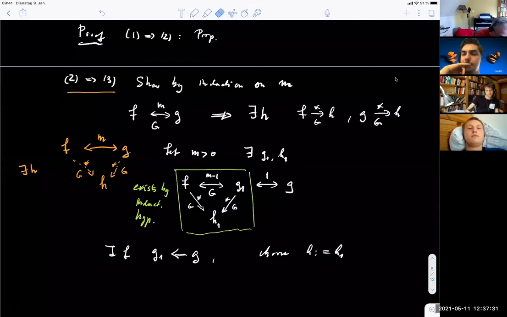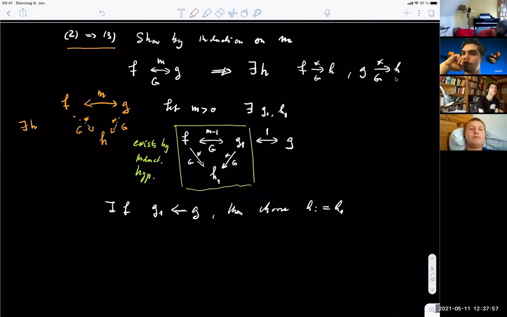Because the arrow goes here, I can go this way and go down. So H1, which is now my H, is a reduction of both F and G, and I'm done. So nothing happened so far.